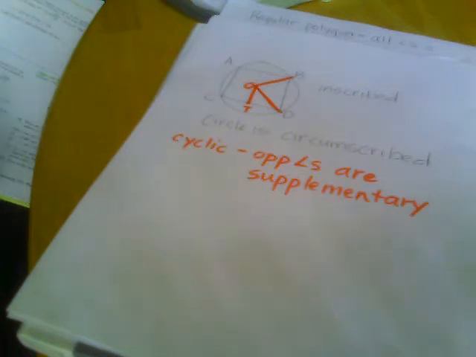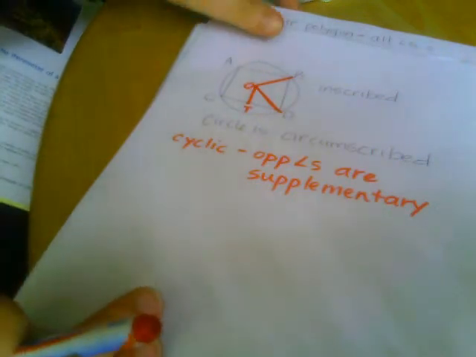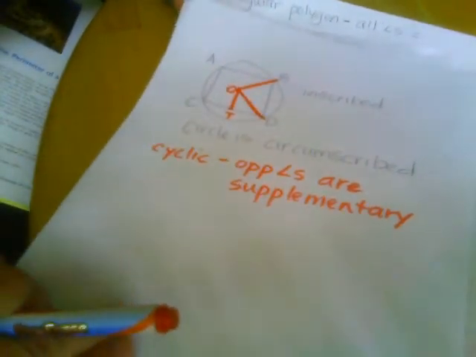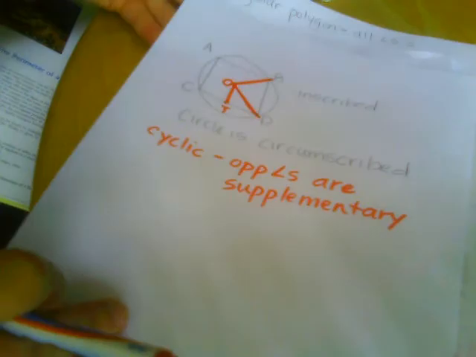14.2 wants us to look at how to find the perimeter of a regular polygon. So let's look at a regular polygon and try to find its perimeter. Let's try a hexagon again.